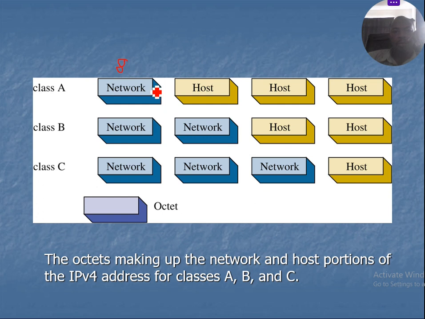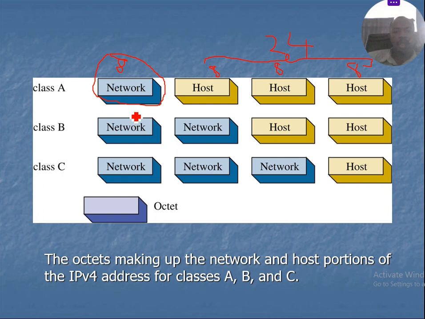The network is 8 for class A. And the host is what? 8, 8, 8. That's 24 together. So if you add the host together, we get 24. So the host for class A is 24. The network is 8.